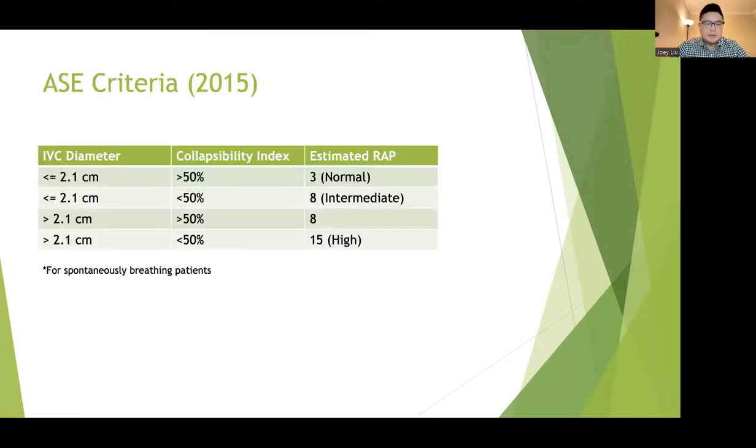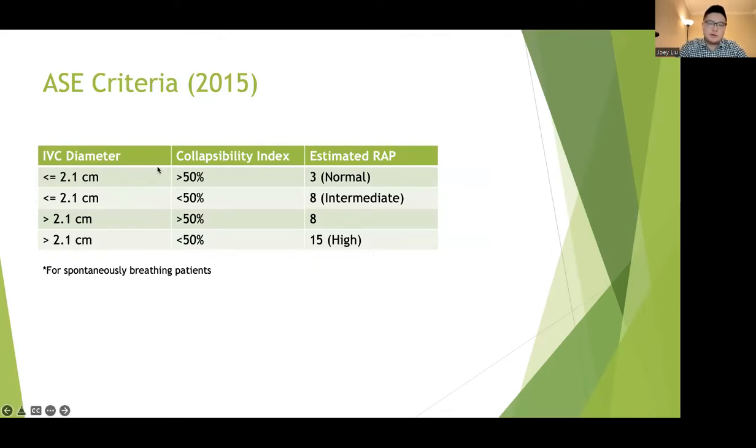And the American Society of Echocardiography has proposed criteria on how to estimate the right atrial pressure from the IVC measurements. It would suggest, okay, if the IVC is greater than 2.1 centimeters and less than 50% collapsible, which is the bottom here, that would suggest an elevated right atrial pressure, about 15.